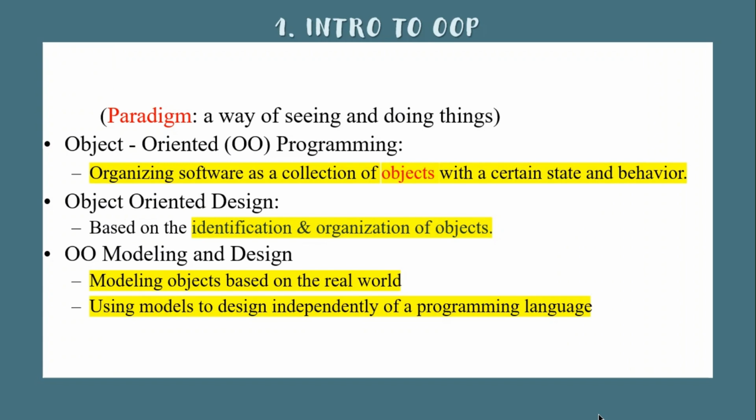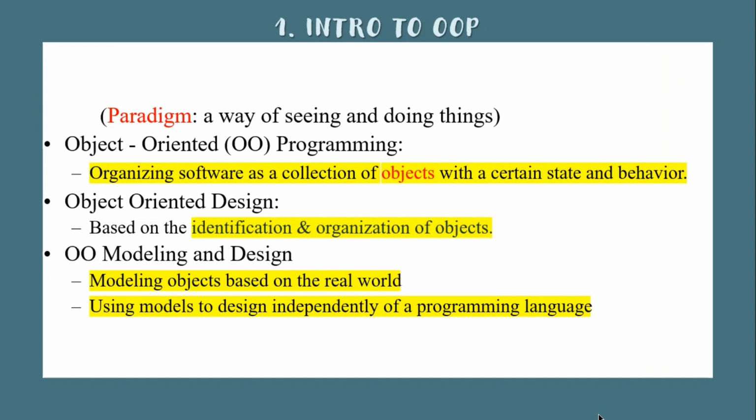This object has methods or functions, or let's say goals to do, and it also has attributes or properties. So it's basically a collection of data and behavior.